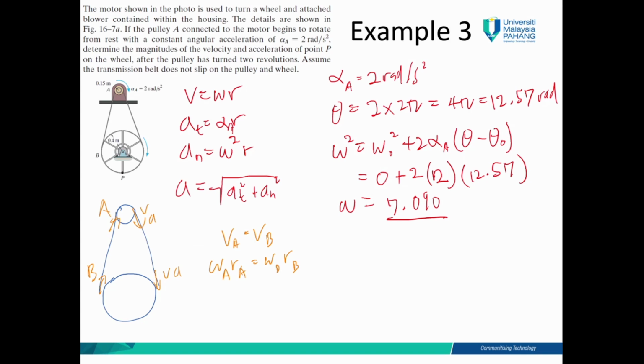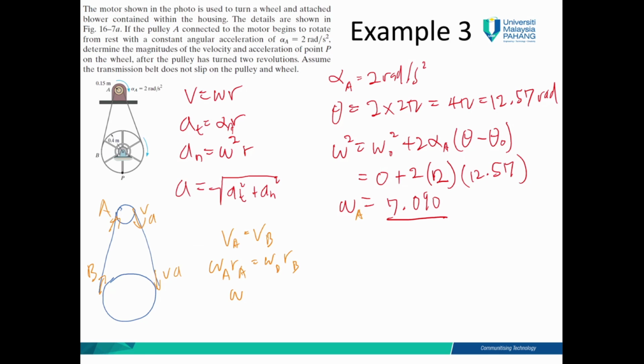And what you have calculated just now here, is it for A or is it for B? So here your velocity is actually for A. So this is actually omega A. So knowing omega A and its radius, and you also know the radius of RB, can you find the omega B? Yes, right.